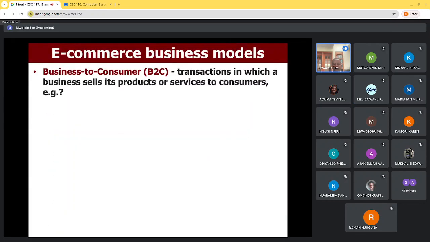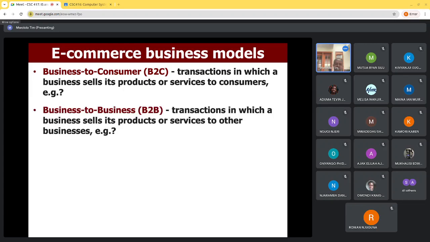So business to consumer. Whatever product you are selling, it's from a business, and you are targeting consumers. So that is a business model called business to consumer, B2C. Then there's B2B. This is business to business. You are selling your products or services to other businesses.